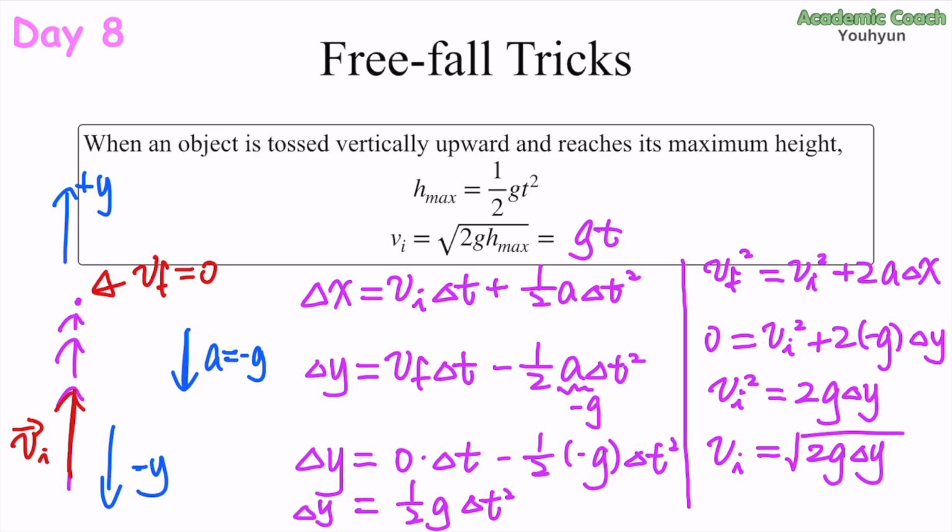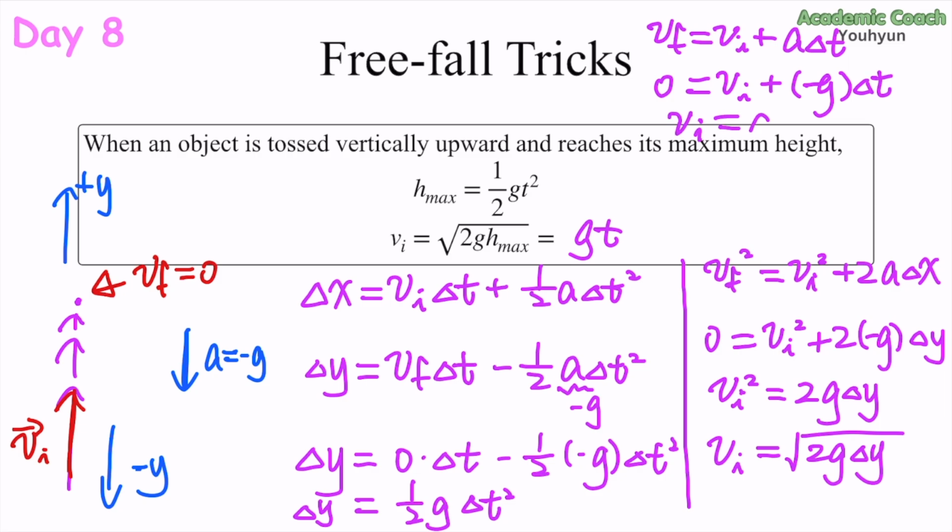That is from kinematics equation 1, which states that v final is equal to v initial plus acceleration times delta t. V final is equal to 0. Acceleration is negative g. So v initial is equal to g times delta t.